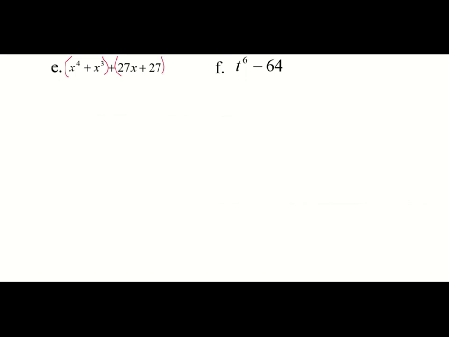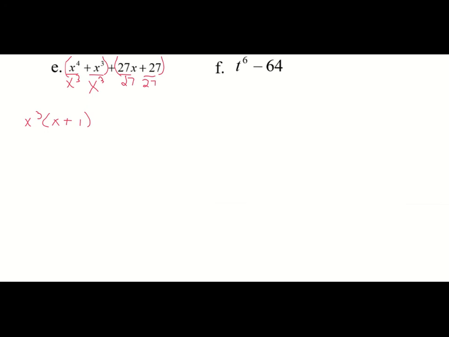My greatest common factor here will be x cubed, so I'm going to factor out an x cubed for the first 2 terms. And that will give me x cubed times x plus 1. And then I'm going to factor out a 27 here.